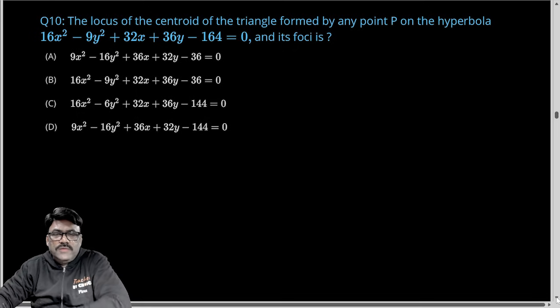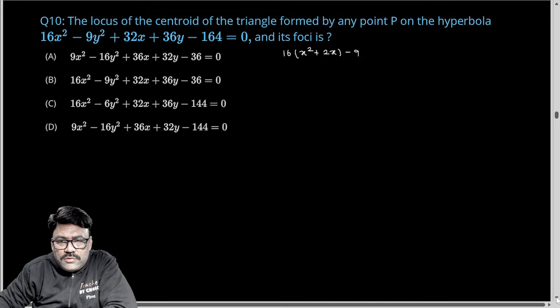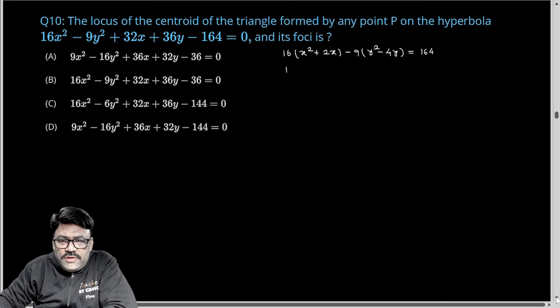So let's convert this hyperbola in a standard form. So I can write this hyperbola if I take 16 common from x, 16x square and 32x. So I will get x square plus 2x. If I take minus 9 common from minus 9y square and 36y, so I will get y square minus 4y. And take this 164 to the right side. Now it is 16 times x plus 1 whole square minus 1.